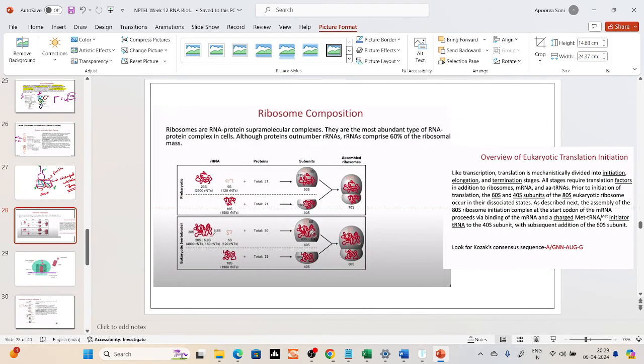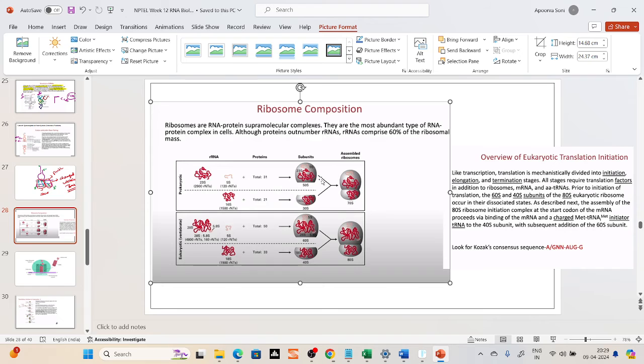You can see here, prokaryotic ribosomes are 70S ribosomes, eukaryotic ribosomes are 80S ribosomes. So these are the different subunits. Prokaryotic ribosomes have 50S and 30S subunits. Eukaryotic ribosomes have 60S and 40S subunits. And ultimately, they form a 70S and 80S ribosome.